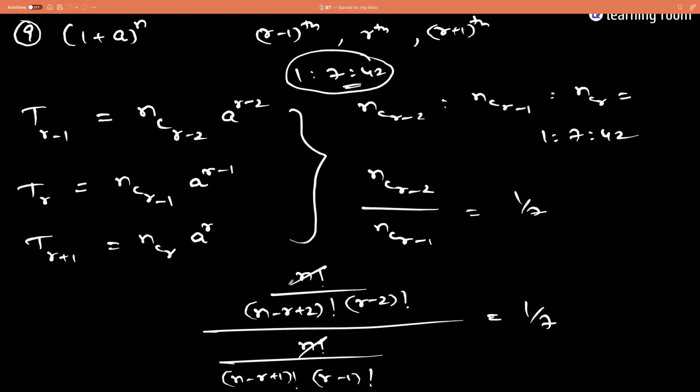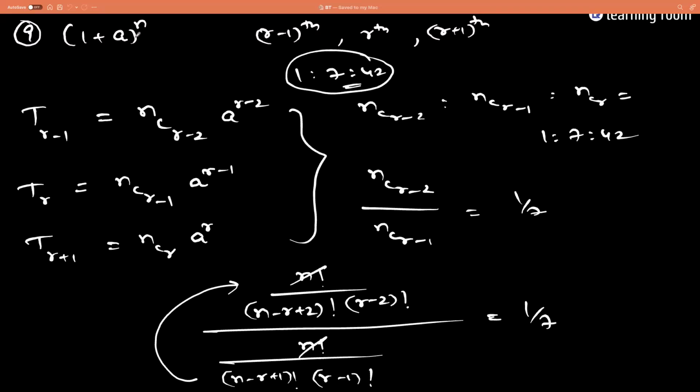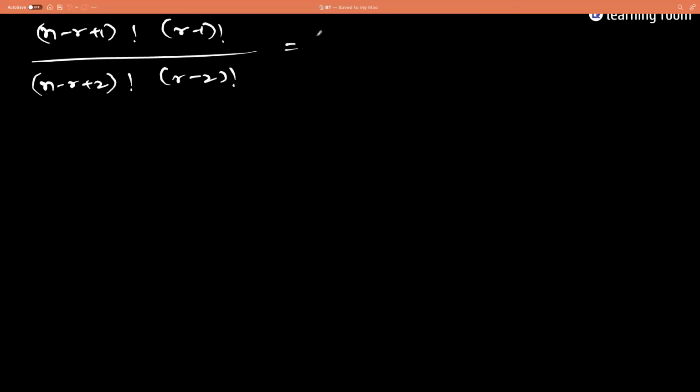So this will go to the numerator: (n minus r plus 1) factorial into (r minus 1) factorial, the whole divided by (n minus r plus 2) factorial into (r minus 2) factorial is 1 divided by 7.